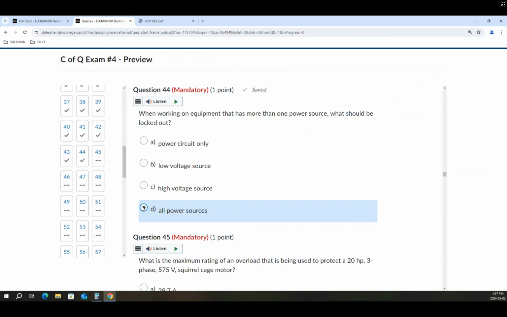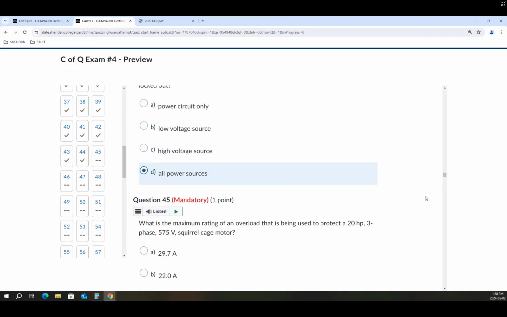So that can be all power sources, it could be gravity, it could be compressed air, it could be any type of fluid power, so compressed air or hydraulics. Again, potential energy, so lifters and the like, gravity. You name it, it could require that. So when working on equipment that has more than one power source, we're going to lock out all power sources.